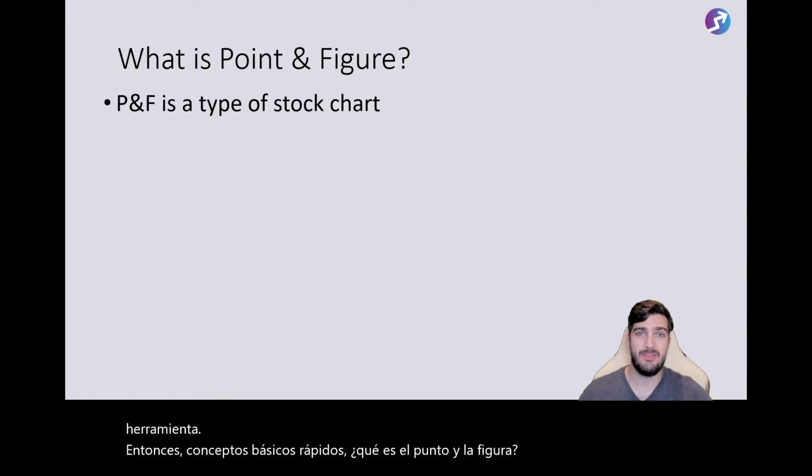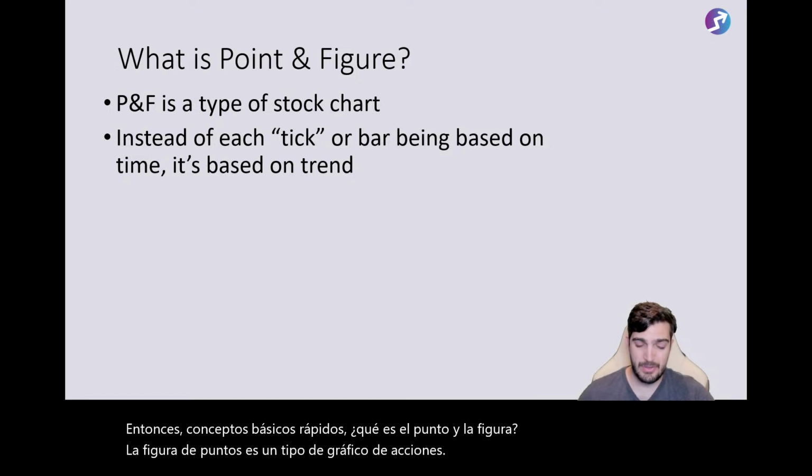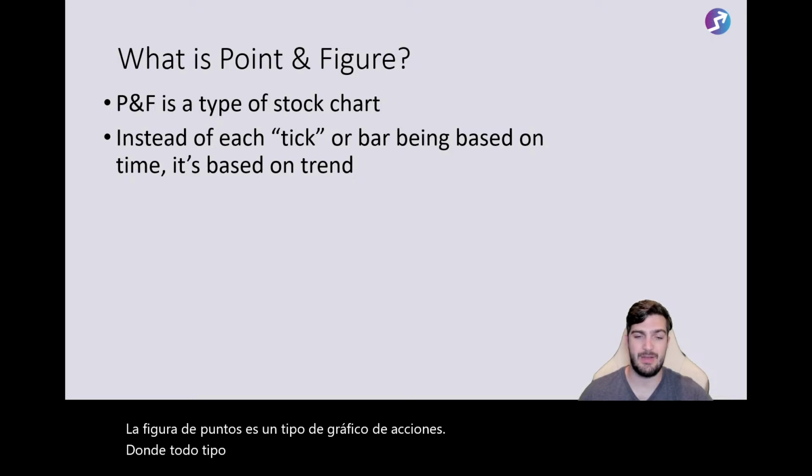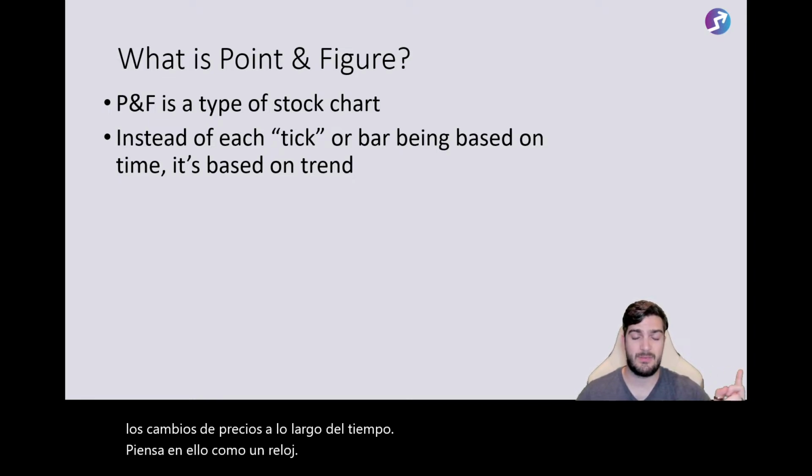Point and figure is a type of stock chart, where every type of stock chart uses some kind of way of keeping track of price changes over time. Think about it like a clock. Tick, tick, tick, tick. Every single second is another moment.